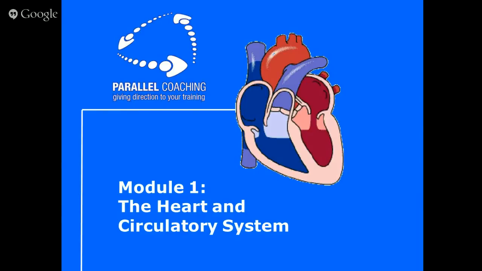As soon as we understand how the heart and circulatory system works, it's the starting point of understanding how we get oxygen and nutrients around the body, and how it links to our energy systems, how it links to our muscles, and how we move in general. So it's really a key part of how we're going to move forwards throughout all of these modules.